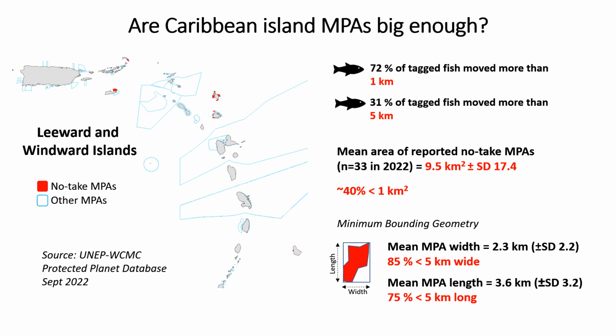The effectiveness of these small and relatively narrow coastal MPAs will also, of course, depend on the habitat protected and the geomorphology of the shelf. But these results could indicate a potential mismatch between the scale of protection provided by no-take MPAs and the scales of movement for many reef fish.